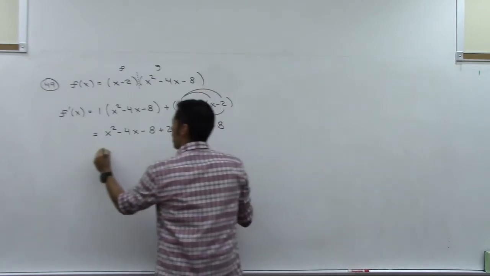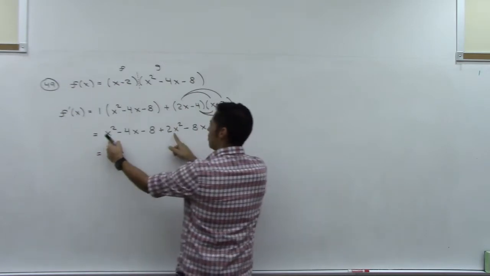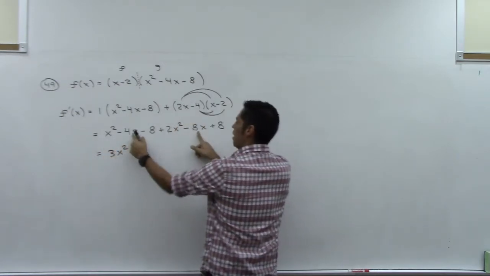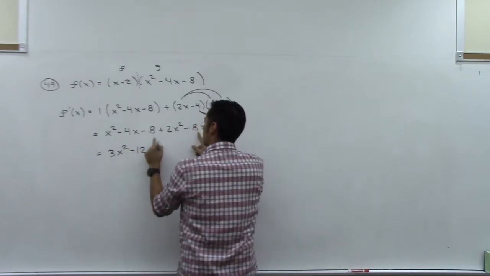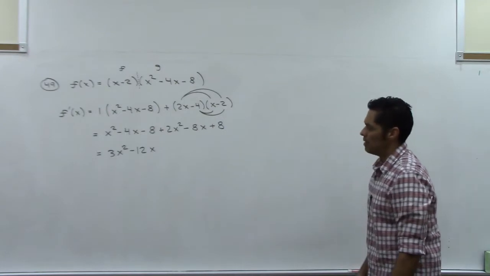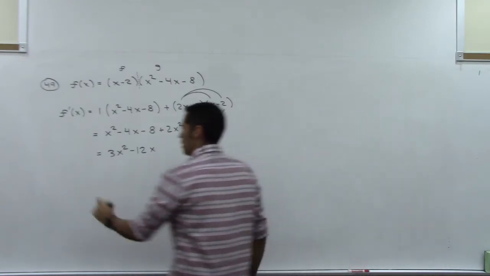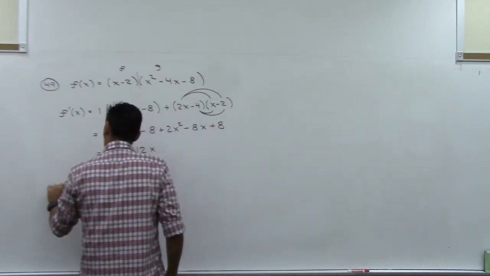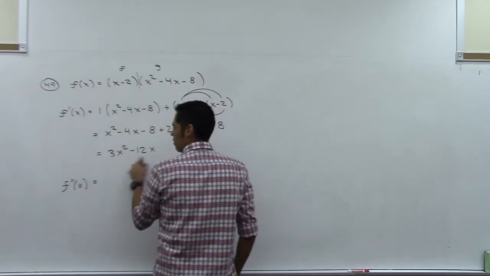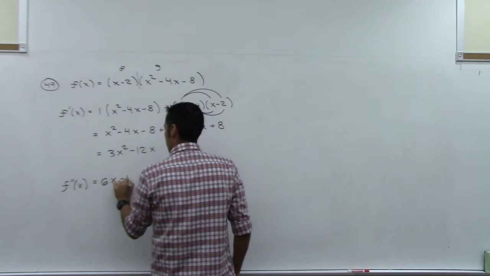Now I'm going to collect all my like terms together. So I've got x squared and 2x squared, that's 3x squared. Minus 4x and minus 8x is minus 12x. And minus 8 and plus 8 is 0. So that's what I get. That's my first derivative. Now my second derivative, I may as well get it while I'm here, is the derivative of this, which is just 6x minus 12.